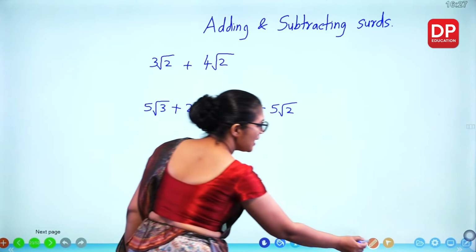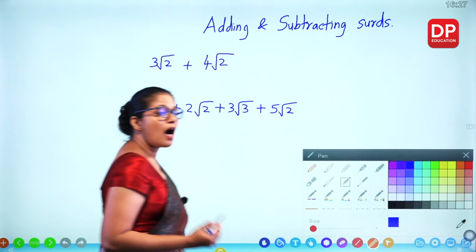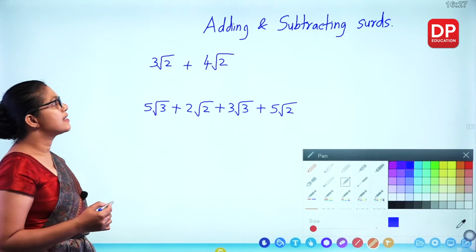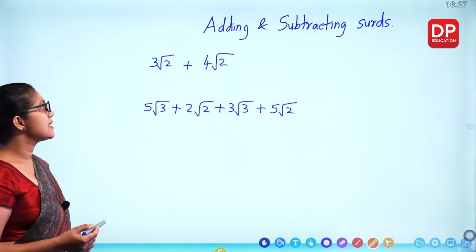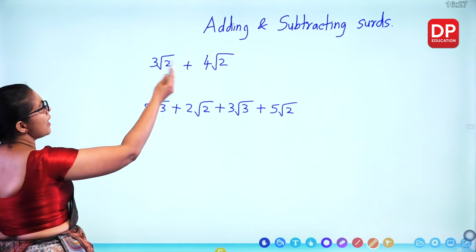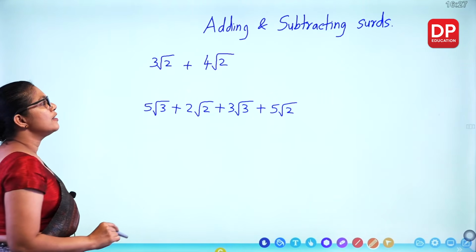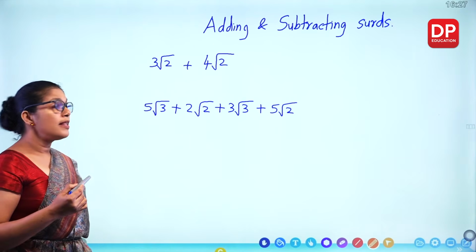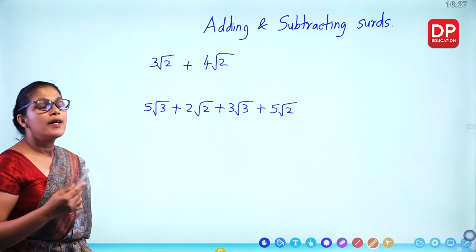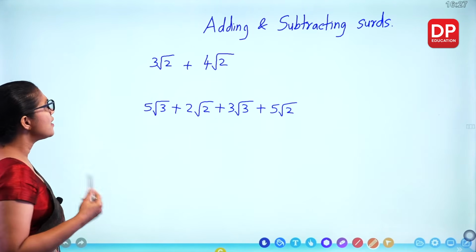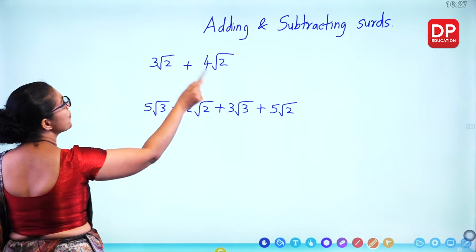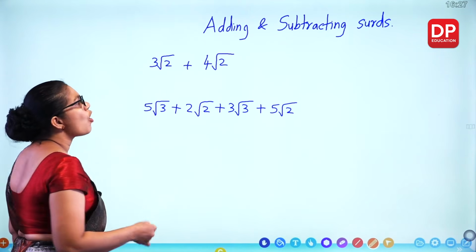Now we'll see how we can add or subtract surds. Now look at this expression. This is a surd value, another surd value. So here I'll show you this with two methods. So first thing I can do, I can check the common term.